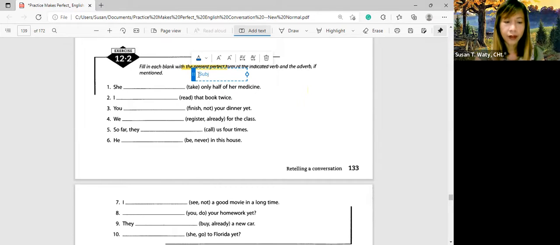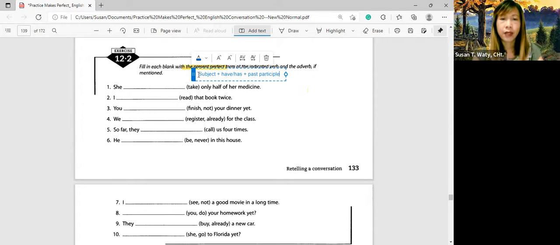Okay, we have the subject first, and then we're going to use either have or has. Then we're going to have the past participle of the verb.